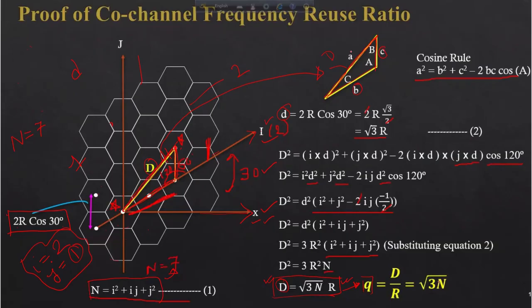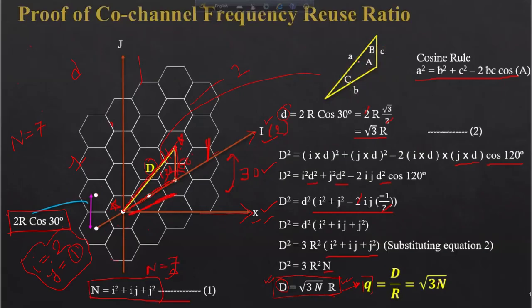Now the angle between a and c is denoted by capital B. The angle between c and b is denoted by capital A. The angle between small a and small b is denoted by capital C. So we have just denoted different points for this triangle.